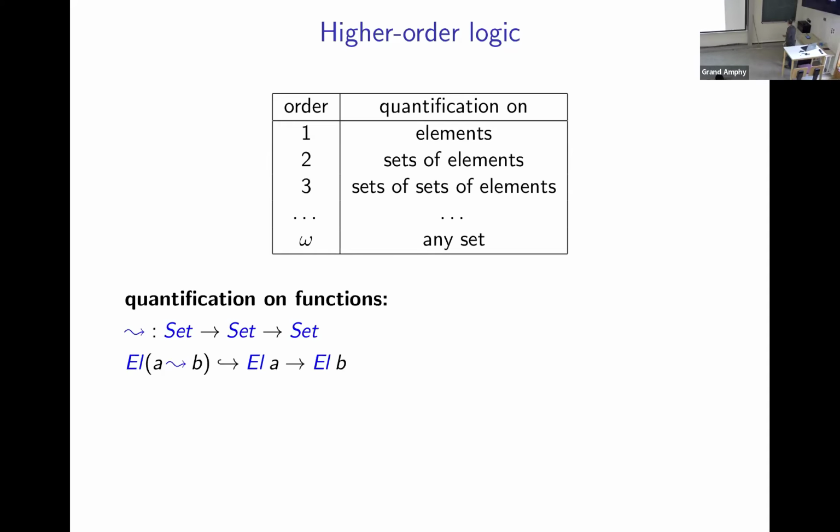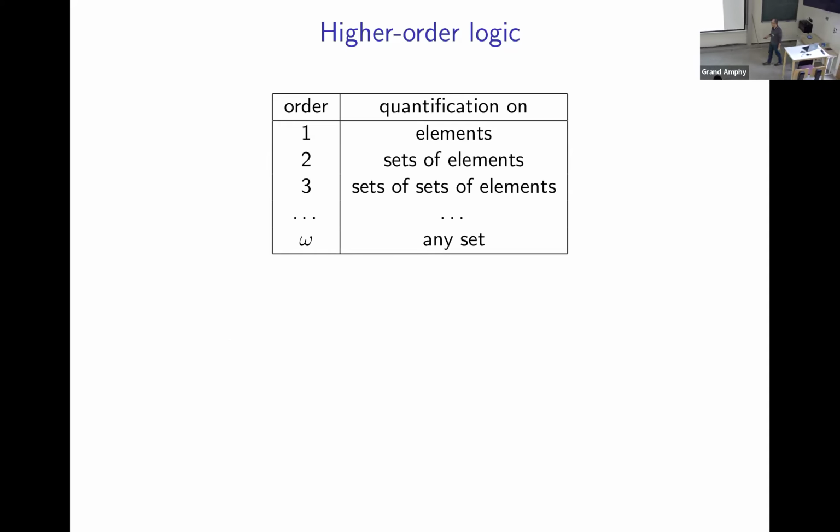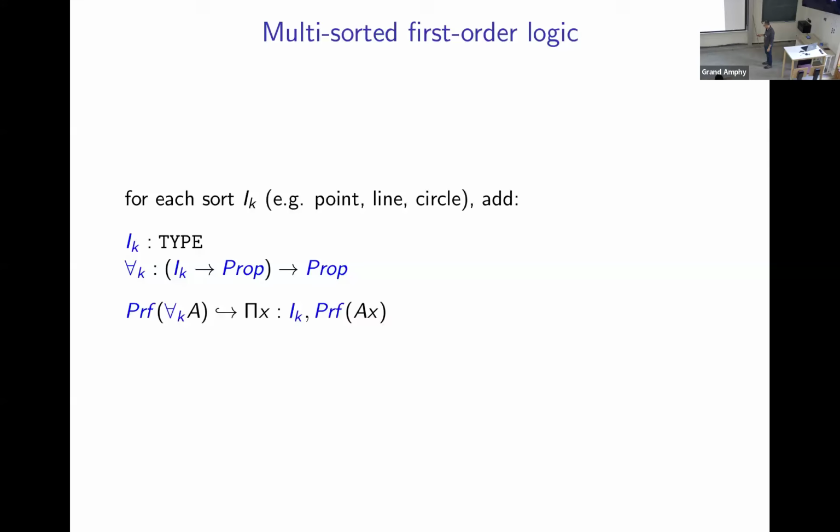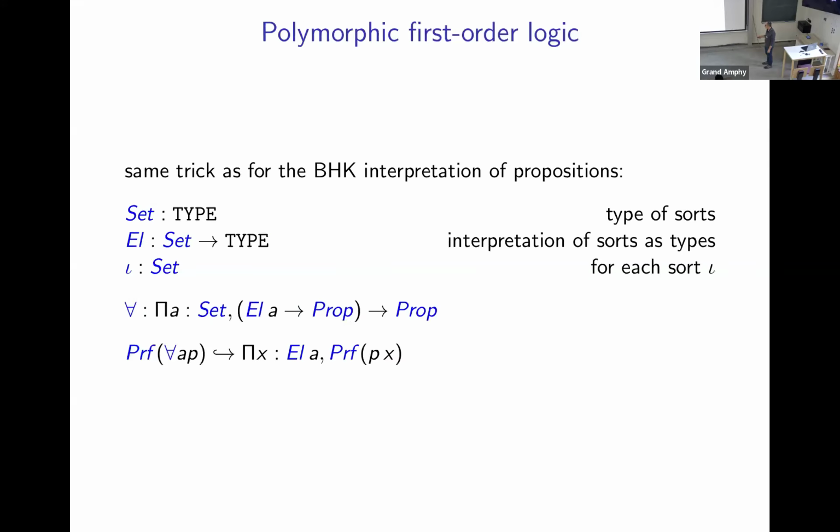So to have quantification on propositions, we need, so quantification is already defined. So we need that X should be of type prop. How do we get that X is of type prop?